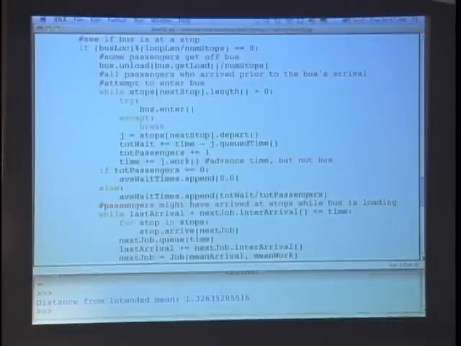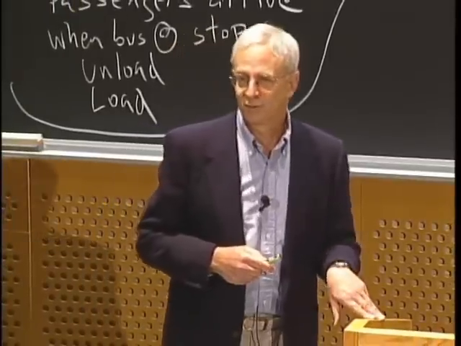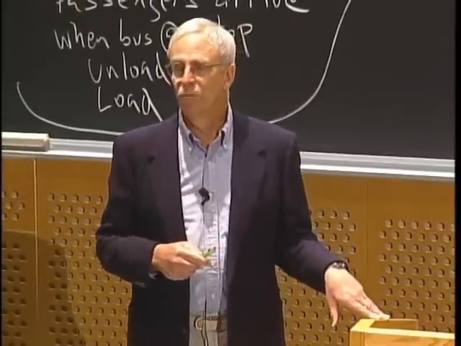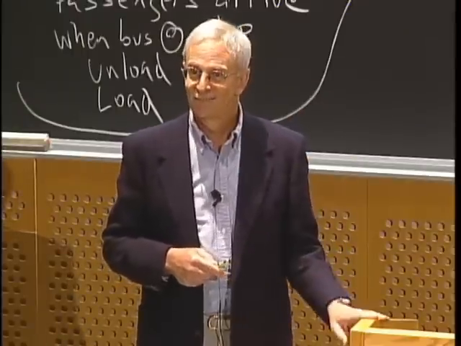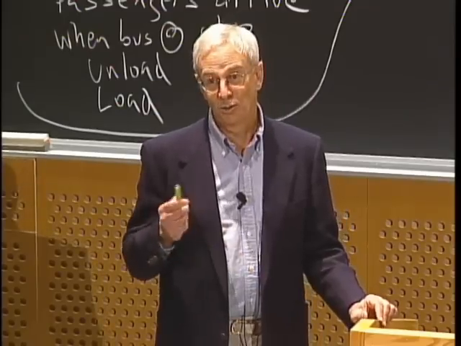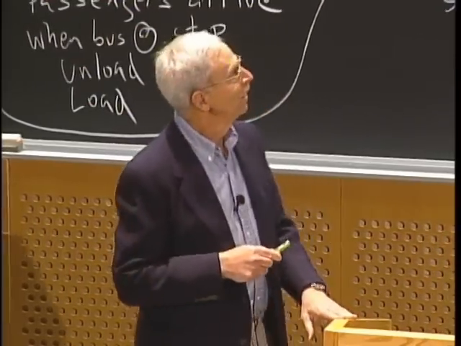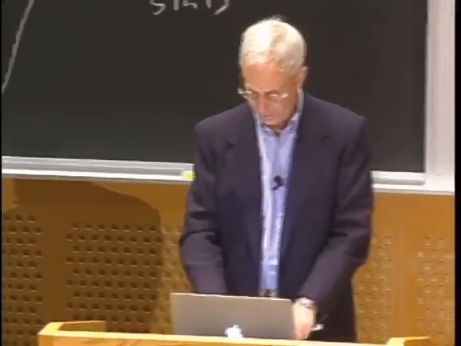And in fact, in mass transit systems, it turns out that loading time is a very important parameter. In many urban systems, subways will spend more time at stations getting loaded than between stations moving to the next one, if the stations are dense. You may have noticed this on the Green Line. So we have to make sure we model that. And then, of course, since the bus could be at the stop for a while, passengers might arrive while it's at the stop.